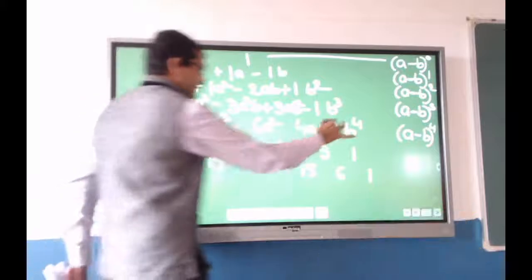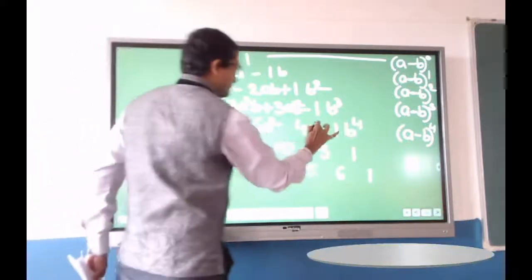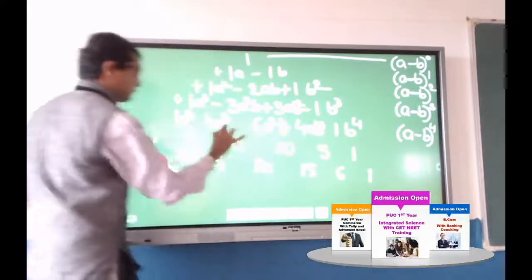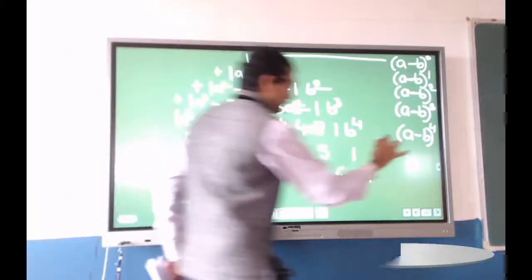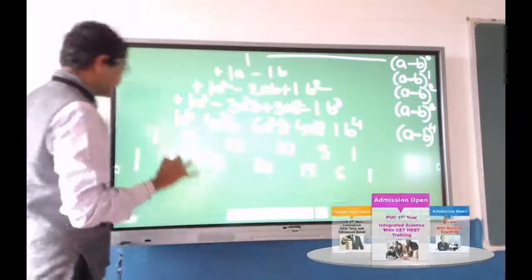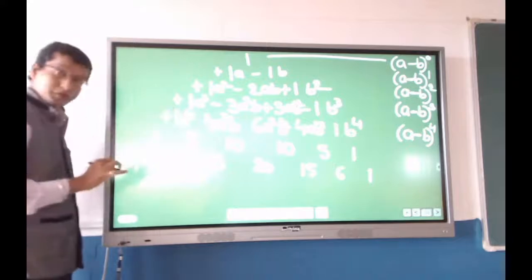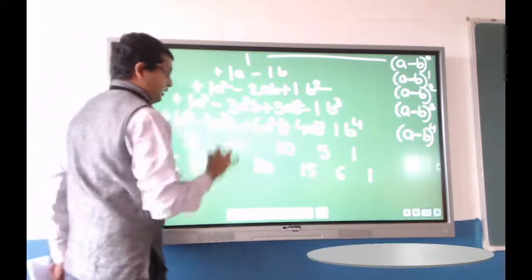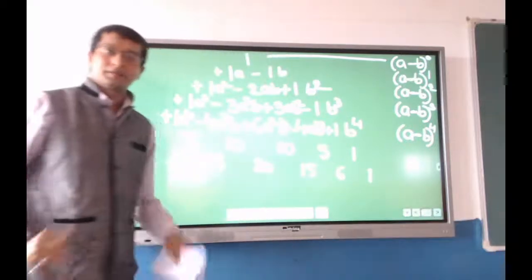Similarly, here it is b raised to 4, decreasing from right to left: b cube, b square, b, and b raised to 0, no need to write. And I told you, here there is a minus sign. If there is a minus sign, we have to assign alternatively positive and negative: plus, minus, plus, minus, this is a plus.